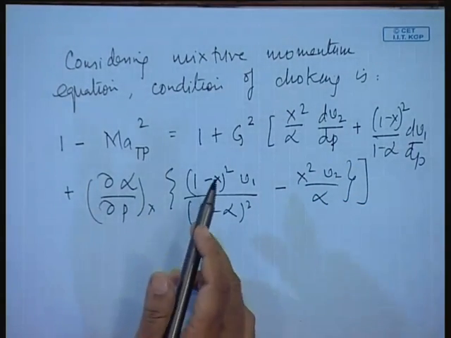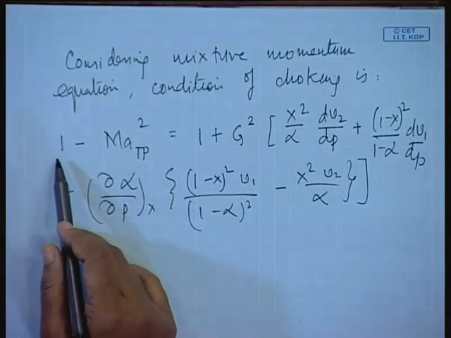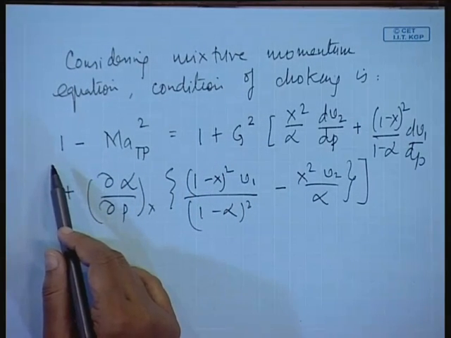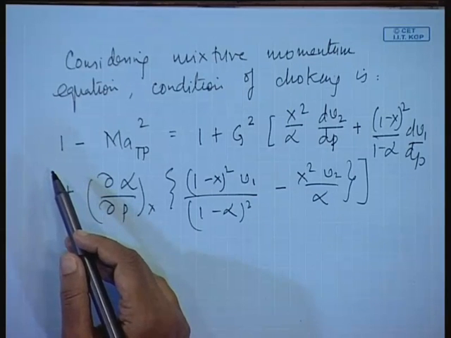So, for the condition of choking, 1 minus MATP square should be equal to 0, or in other words we get the condition of choking for a unit value of Mach number.